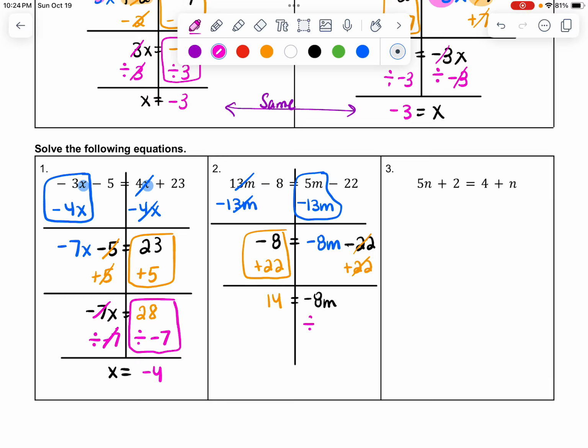So I'm going to divide by negative 8, divide by negative 8. 14 divided by negative 8 is negative 1.75. And on the other side, it's going to be just m.